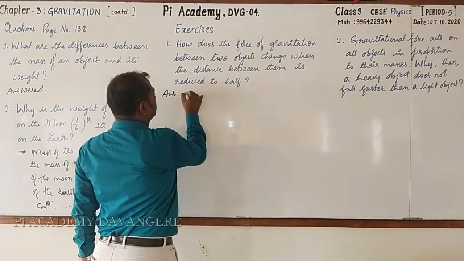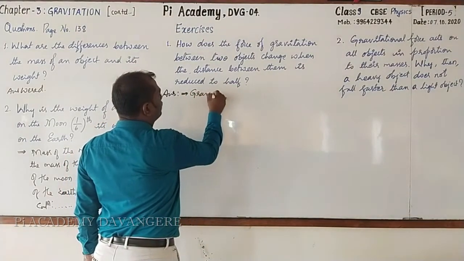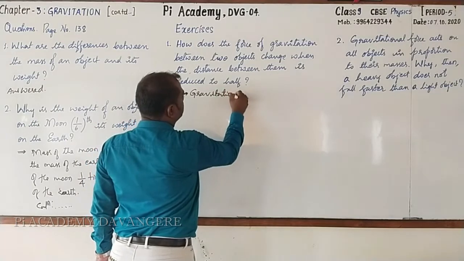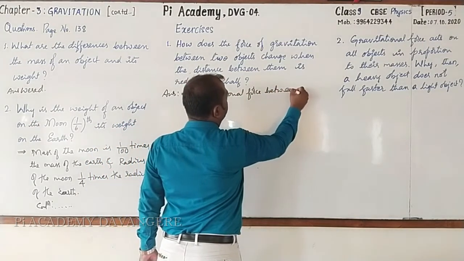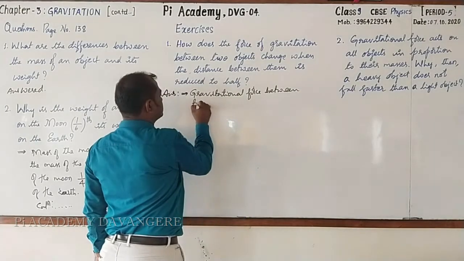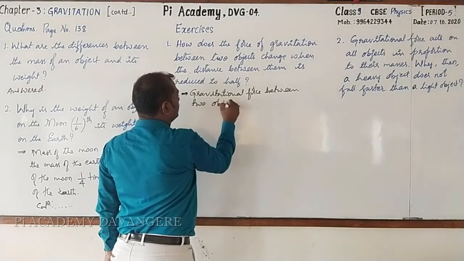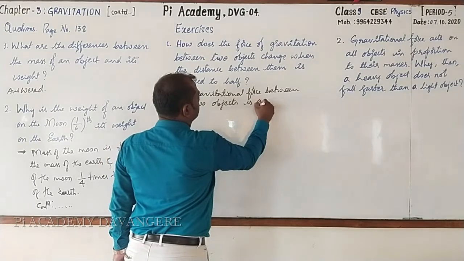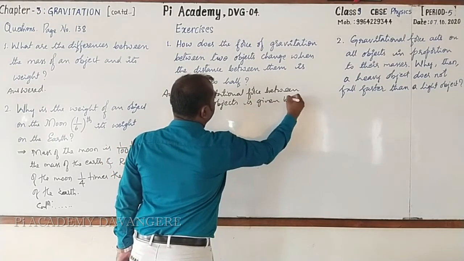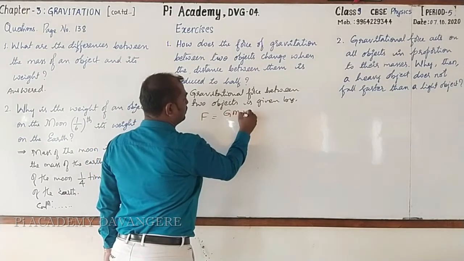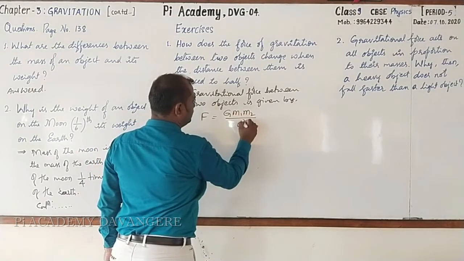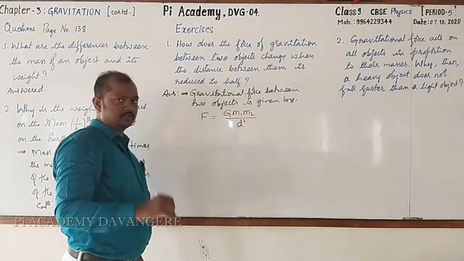Here I'll write gravitational force between two objects is given by F is equal to G into m1 m2 by d square, right?